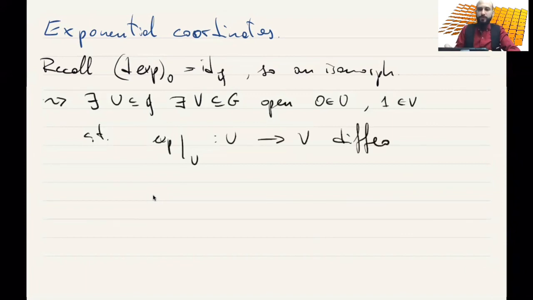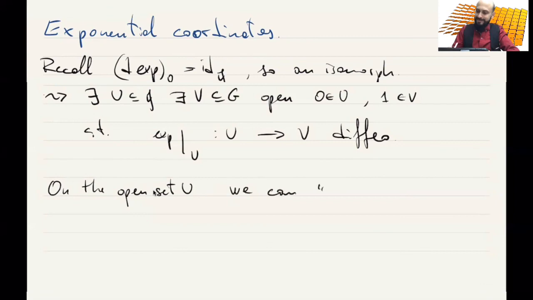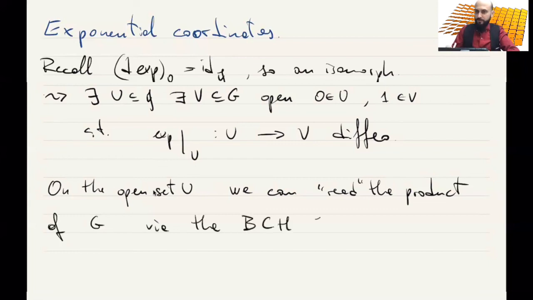In other words, we have put coordinates on a neighborhood of the identity. And on the open set U, we can read the product of G via the Campbell-Hausdorff formula.